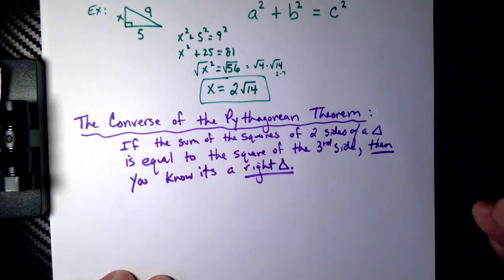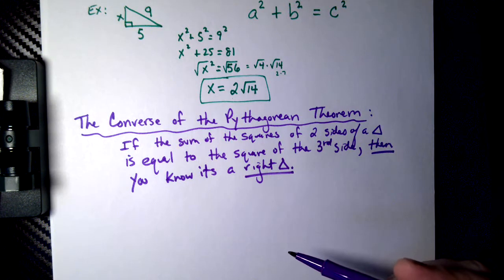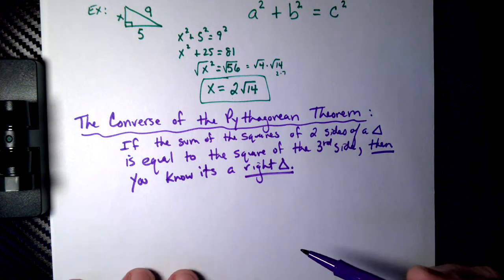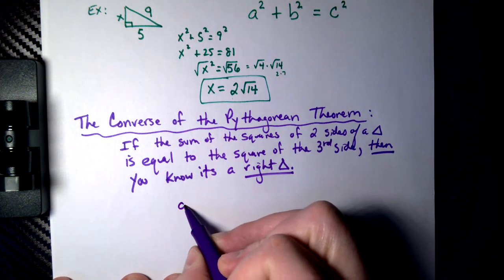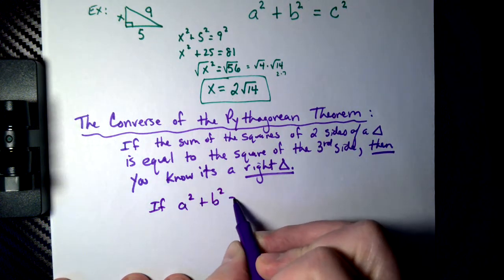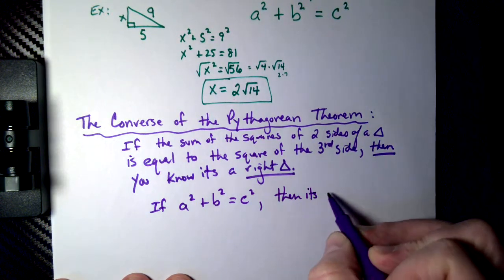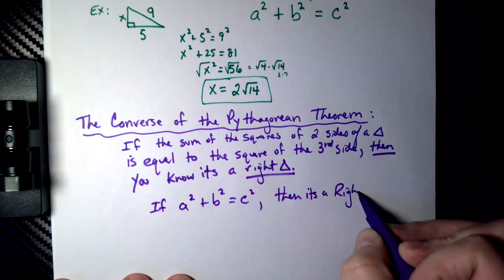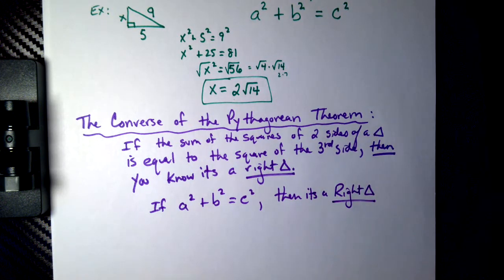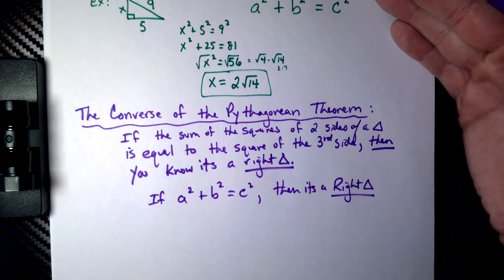So your c would have to be the biggest number shown. If a squared plus b squared equals c squared, then it's a right triangle.